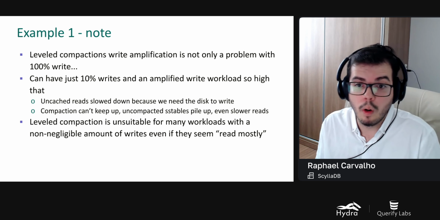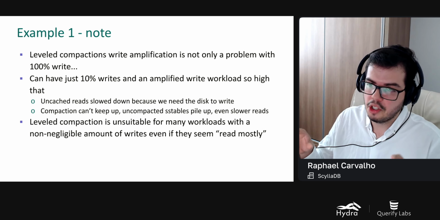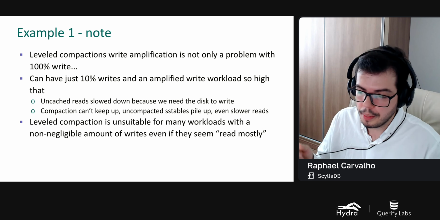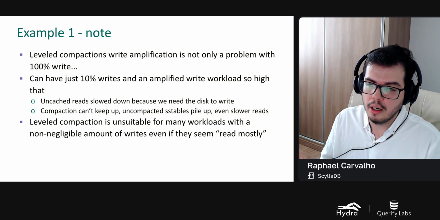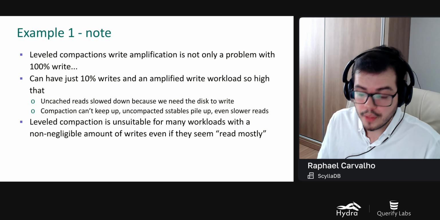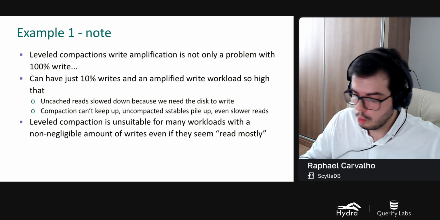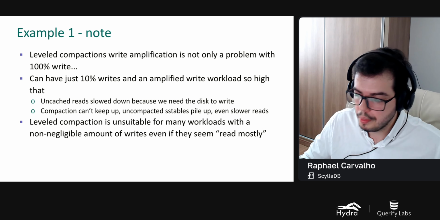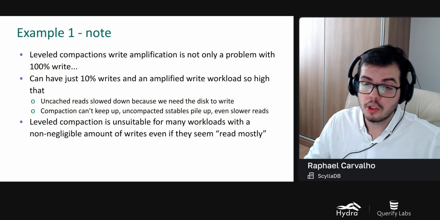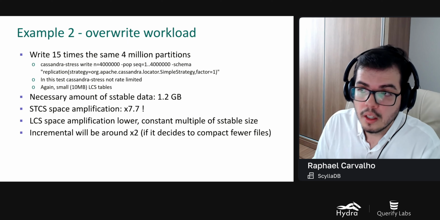It could happen that your workload has a non-negligible amount of writes, even though you thought that most of the operations in the database would be reads, but the amount of writes amplified so much that it started bringing issues for your node. So the compaction backlog would increase, and the problems would start happening. The read latency would increase, and so the LSA could be broken.